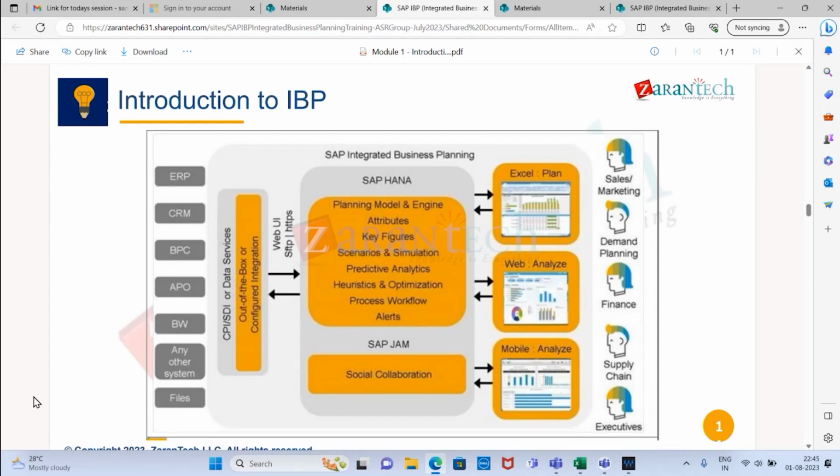Okay, so SAP Jam is an extremely advanced version now. It basically collaborates with social networking sites. So based on the organization's requirement, it can also communicate with social networking sites like Facebook, Twitter, LinkedIn, and so on and so forth, and it can take inputs from these sites.